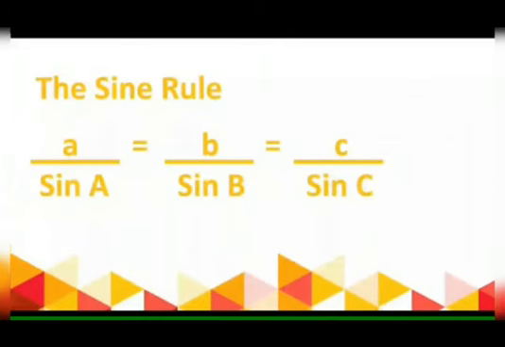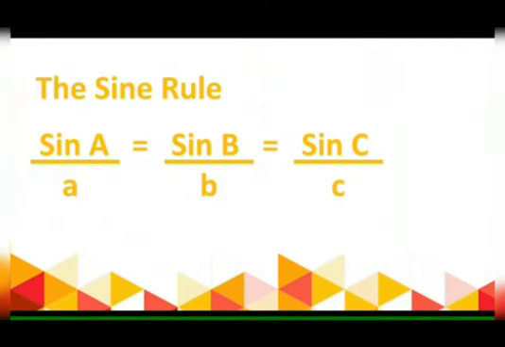The sine rule shows us how the angles of triangles are proportional to the sides opposite them. We can flip the formula to have sine A over a is equal to sine B over b, which is also equal to sine C over c, and it still works and we get the required results.